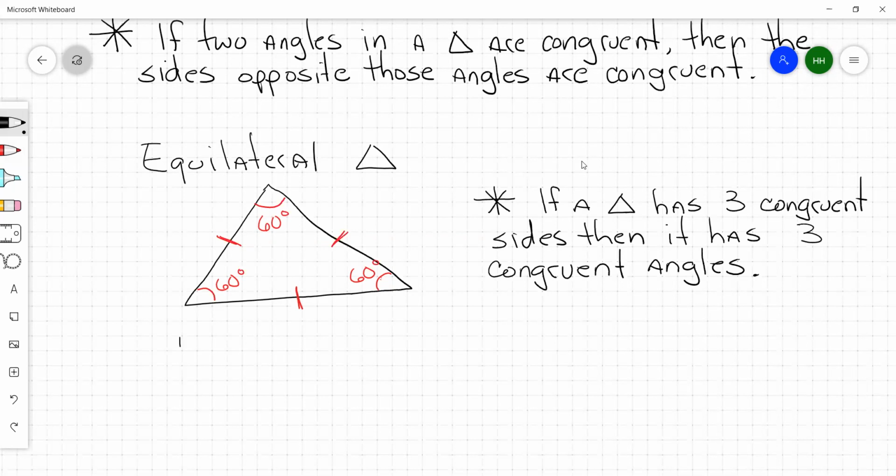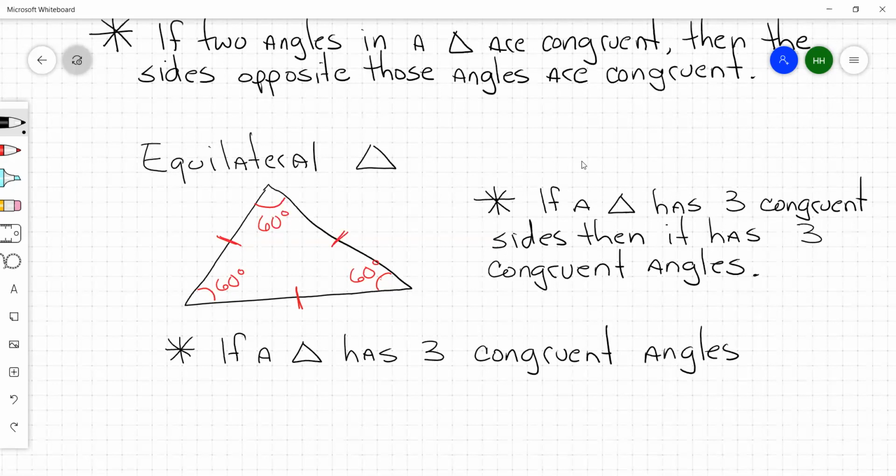So the other rule related to equilateral triangles is that if a triangle has three congruent angles, then it has three congruent sides.